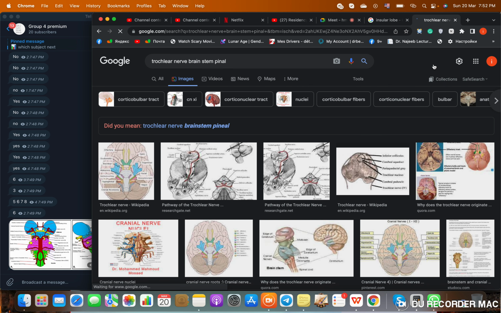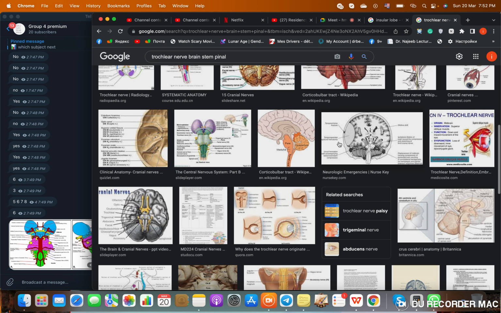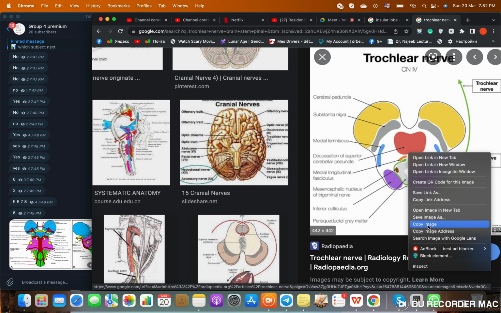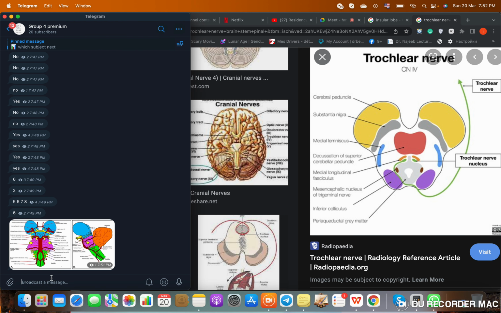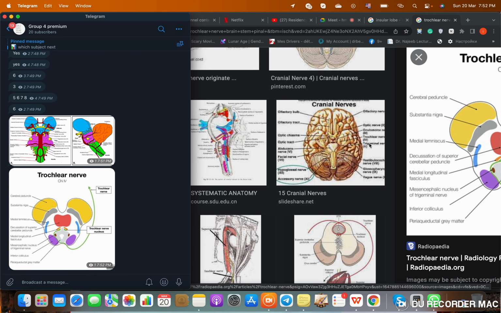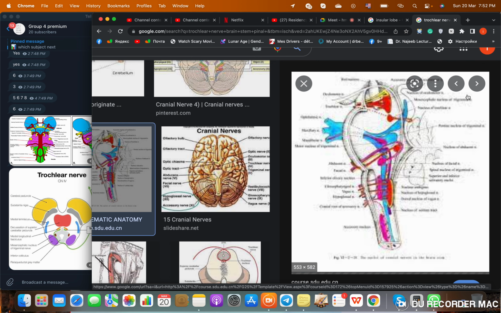This specific disease causes a problem in this nerve only because of its location. It originates posteriorly, as you can see. This is the trochlear nerve, posterior from the midbrain. Because of that, it is exposed to the pineal gland. The pineal gland is located immediately behind it. I hope this is a good image.